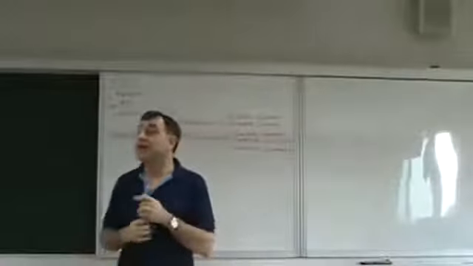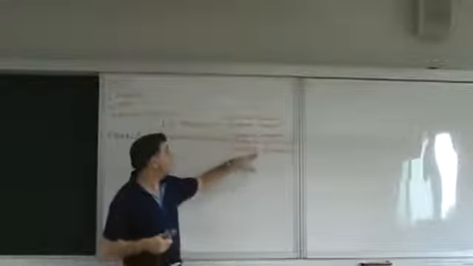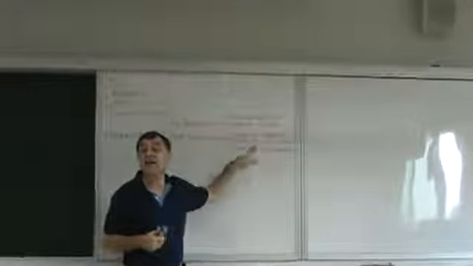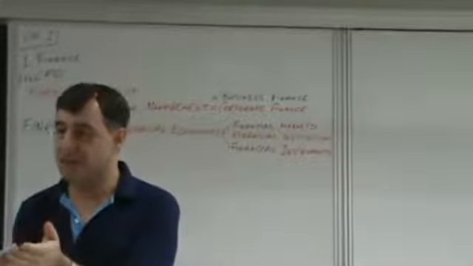All right, continues the explanation now. The three together, financial markets, financial institutions, and financial instruments, is called jointly the financial system.